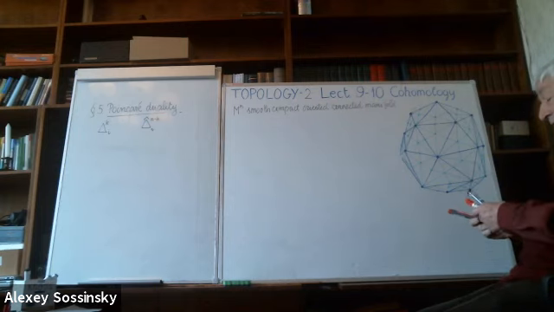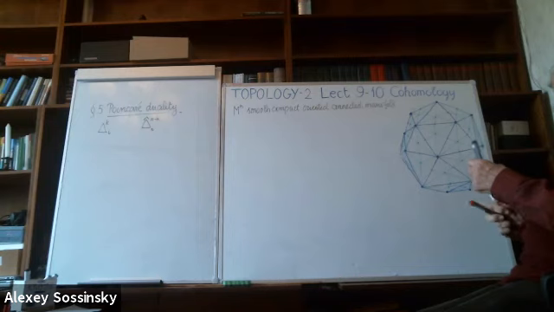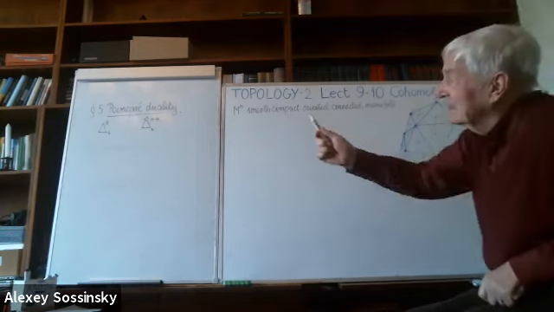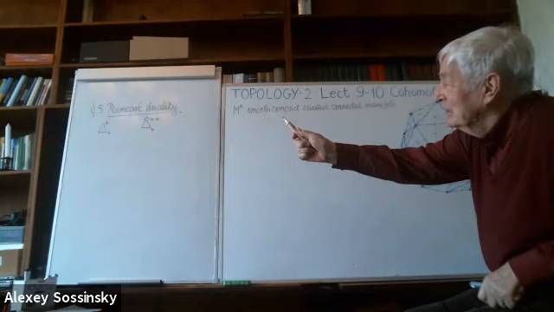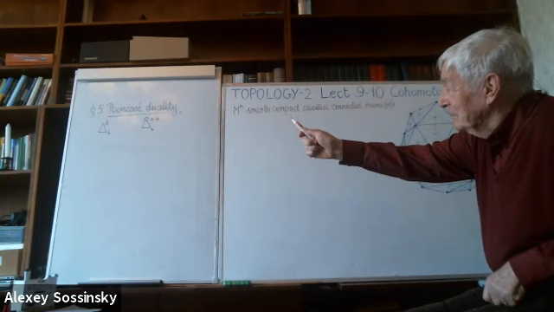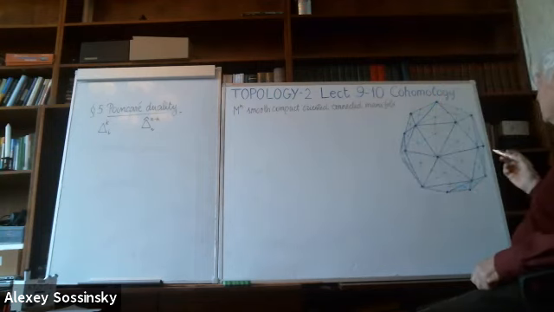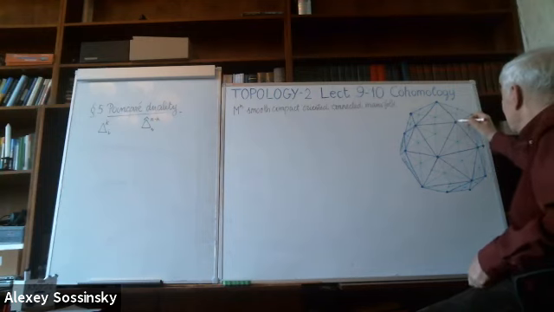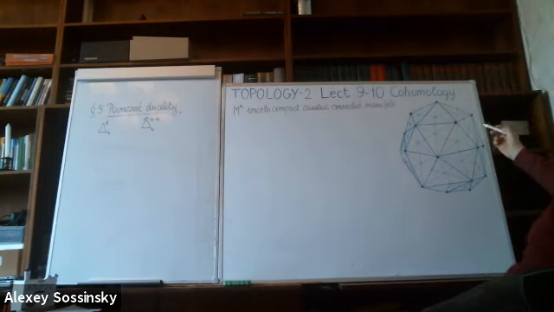Now we can construct the following assignment. To any k-dimensional simplex, we will assign an n minus k-dimensional cell. Let's begin with k equals 0. So we have this zero-dimensional simplex here.